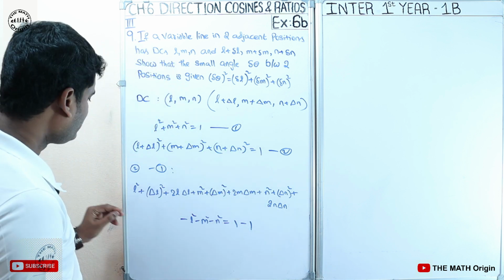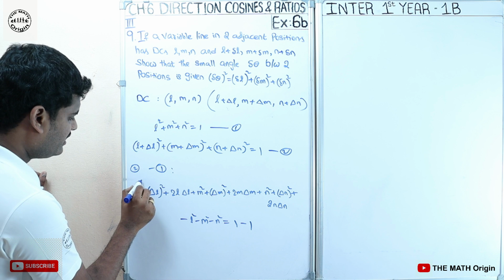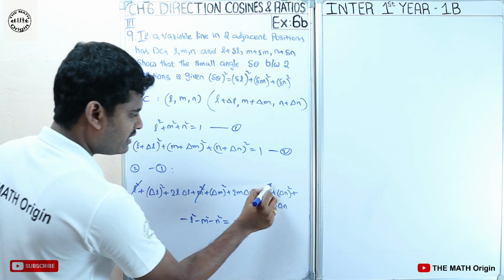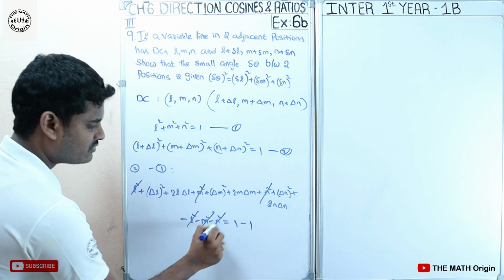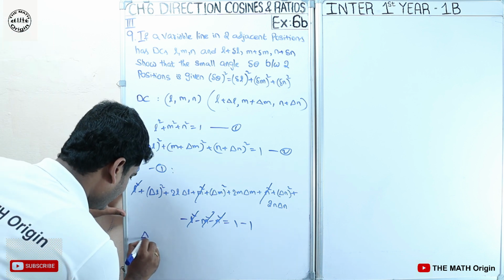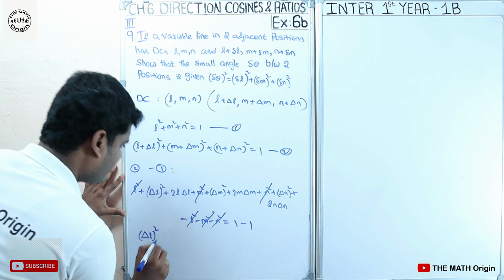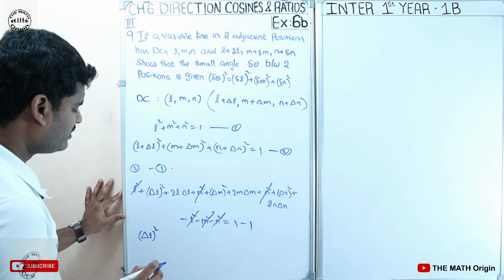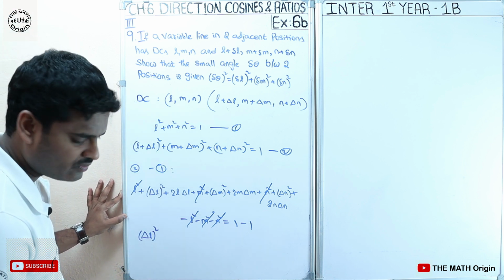Now you can see L square, M square, N square are cancelled. Now we have delta L square.